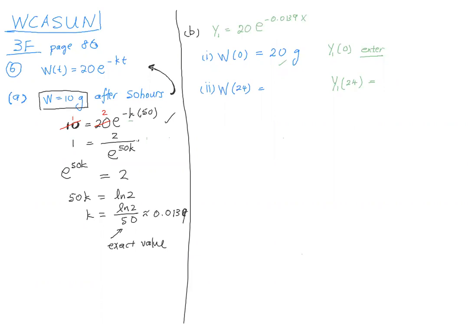Azif, do you get 14.3? Yes, miss. So Hao Xuan, please go and check your formula. Did you type in correctly or not? I believe when you type in ln 2 over 50, I don't want ln 2 over 50 already.